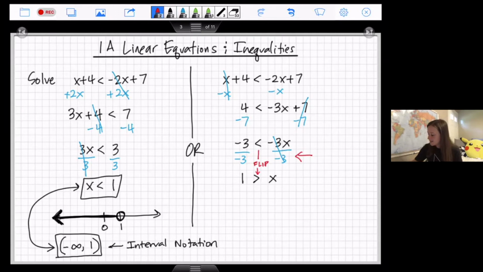So anytime you divide or multiply an inequality by a negative number, you need to flip the inequality.